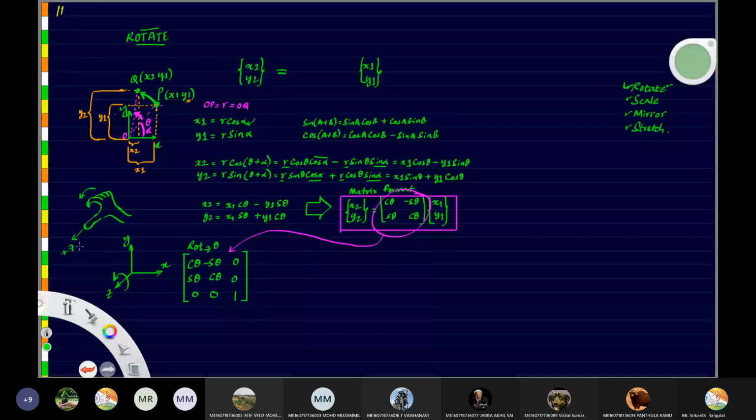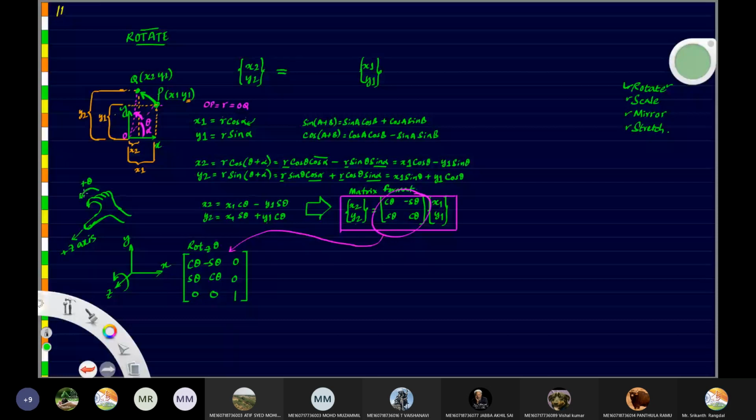Our thumb should be pointed in the positive axis direction. Then the rotation in which our fingers are rotating will give us the positive angle. Fine. So when the angle is positive, this is the direction in which we have to rotate the point.